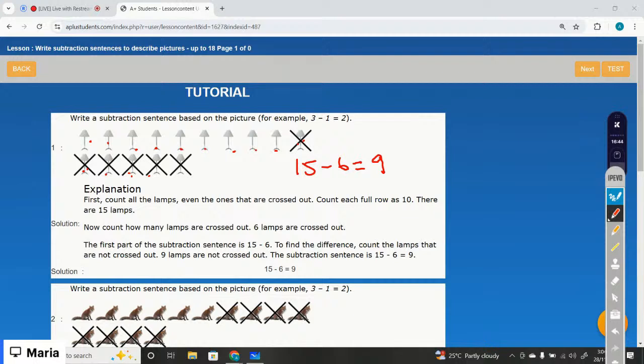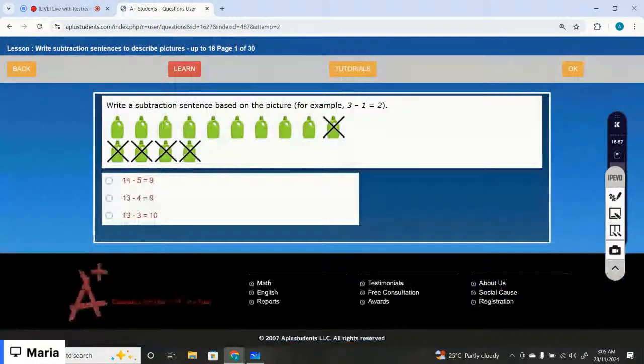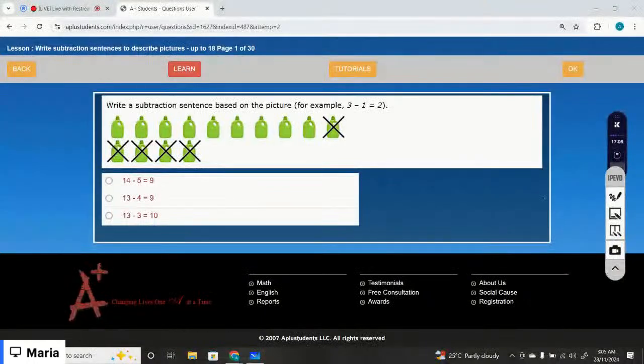Let's just start with the test questions. Write a subtraction sentence based on the picture. So let's just calculate all the bottles. 1, 2, 3, 4, 5, 6, 7, 8, 9, 10, 11, 12, 13, 14.